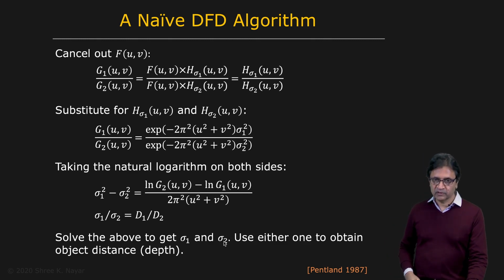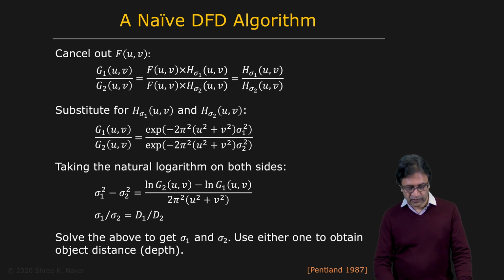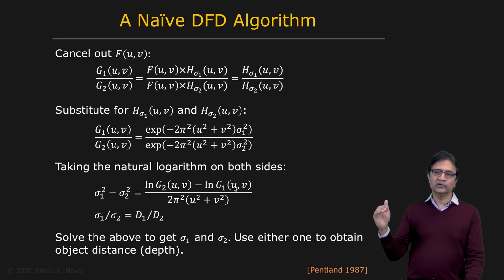And once we've done that, we can take any one of those, and that gives us the corresponding diameter of the blur circle. We can use that to find the depth of the corresponding scene point. Now the problem here is that in using G1 and G2, we really have to use the high frequency values in G1 and G2.